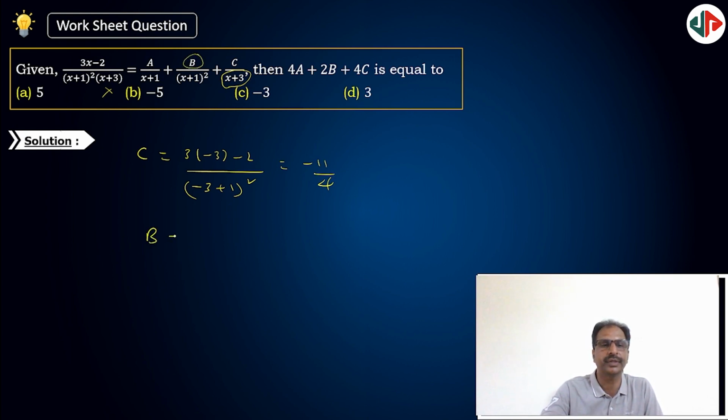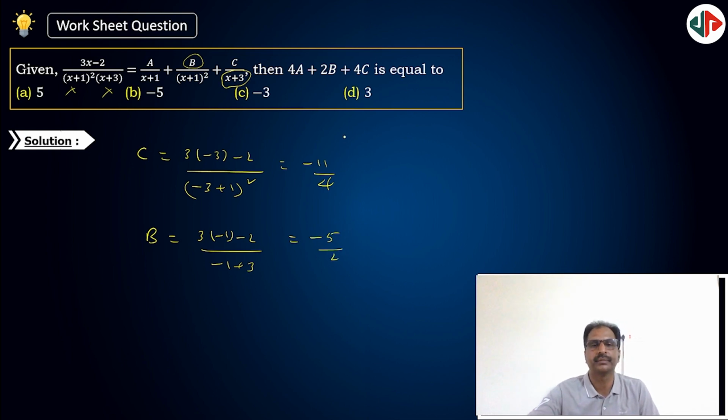That is b you can find by taking x is equal to minus 1 except here. Then how to find a? Take LCM.